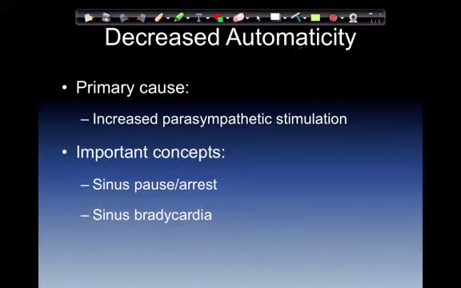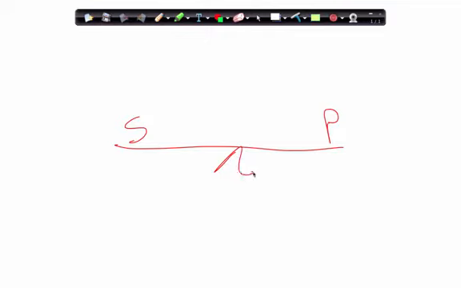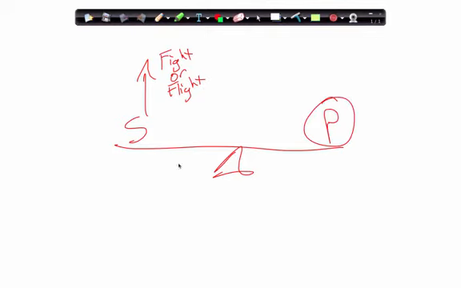Decreased automaticity. Primary cause of this is an increase in parasympathetic tone. Your body kind of works with the sympathetic and parasympathetic nervous system keeping it balanced. This is fight or flight. And the parasympathetic tone, whenever this occurs, we get a sympathetic dominance that kind of depresses.